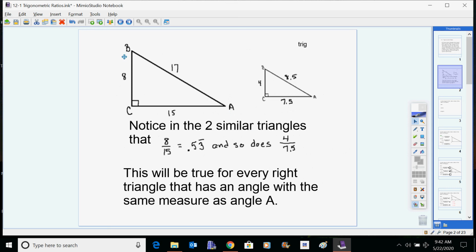Now these two triangles are similar. Take my word for it. If you divided out all the sides, you'd find the same ratio, and you would find that the ratio 8 to 15 and 4 to 7.5 would give you the same ratio. The scale factor here is 8 to 4, which is 2 to 1.